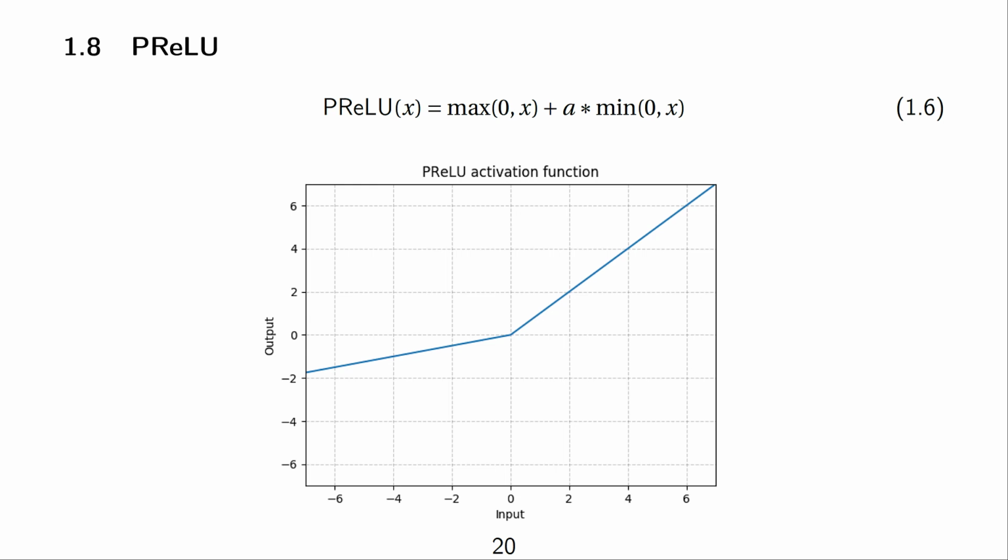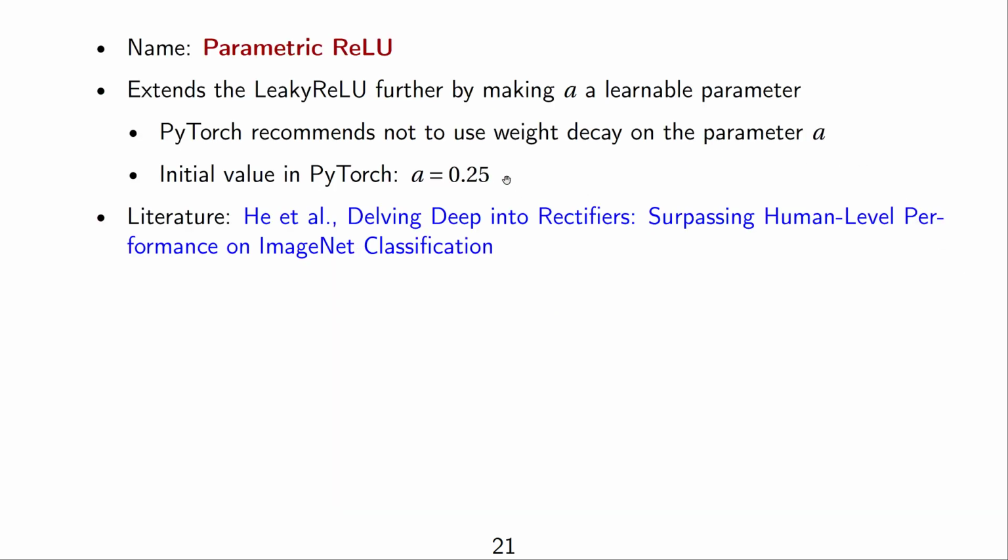Going back to the idea of the Leaky ReLU, one can say, why not make this slope a learnable parameter? So this is the equation that is identical to the Leaky ReLU, with the only difference that this value here is now a learnable parameter in the network. Some other comments.